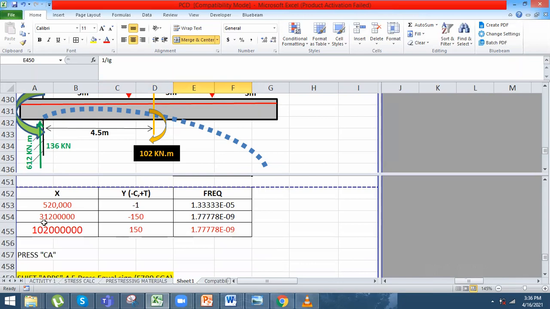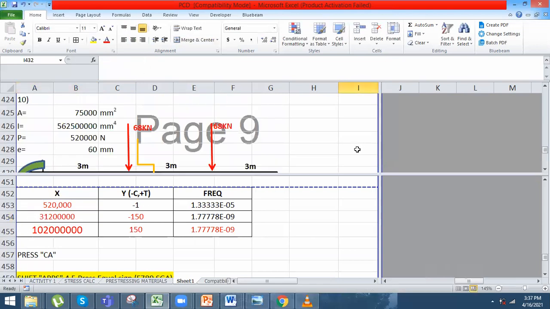Then, okay, so dapat pares tayo ng inputs, guys, dyan sa calculator nyo. Okay? This is just P, prestressing force, ito naman is P times the eccentricity na 60. Ito naman is yung moment natin na 102.